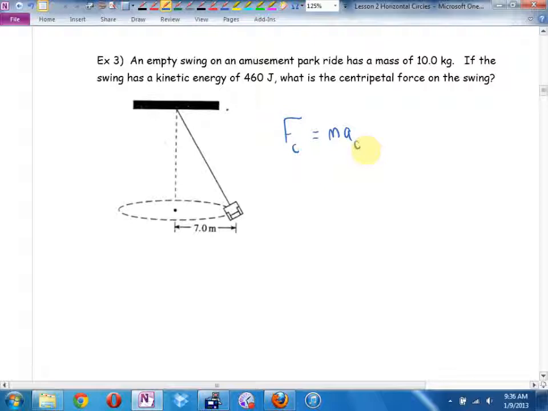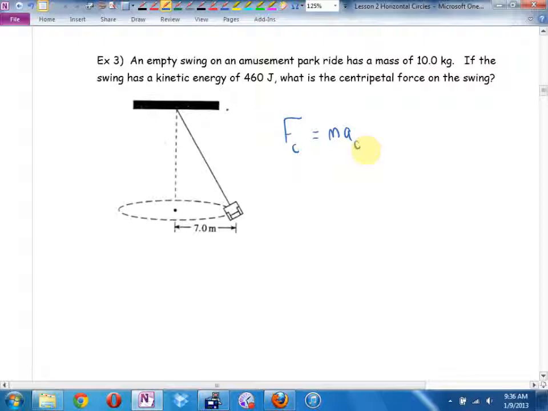Hello, folks. Which equation am I going to use for circular acceleration? Well, they didn't give me a speed, and they didn't give me a period. Oh, what did they give me? Kinetic energy. If I know the kinetic energy, what can I figure out? Oh, I can figure out the speed.